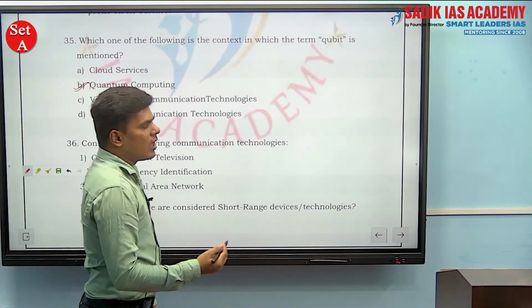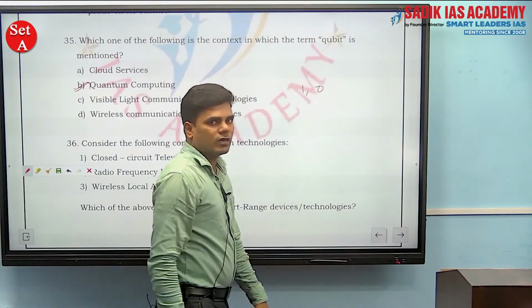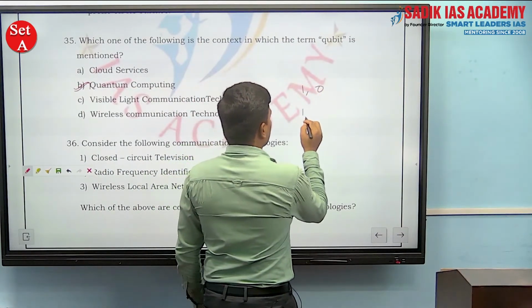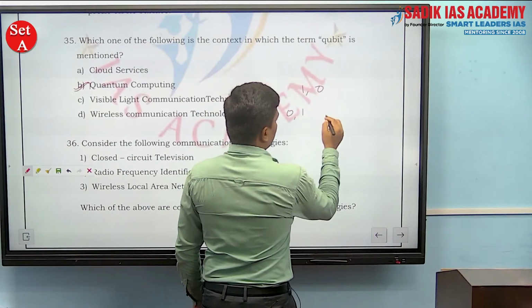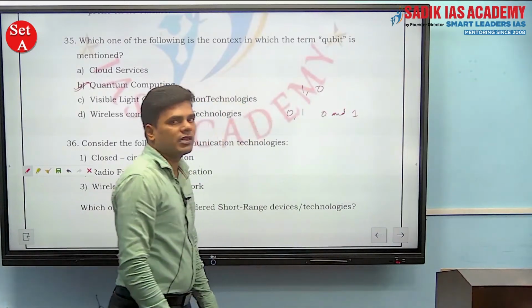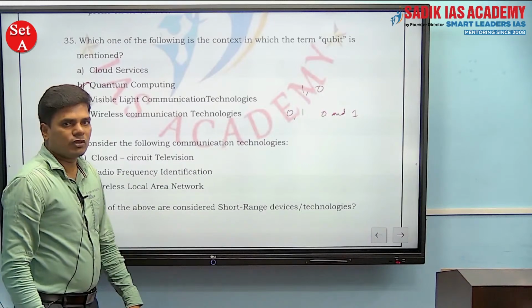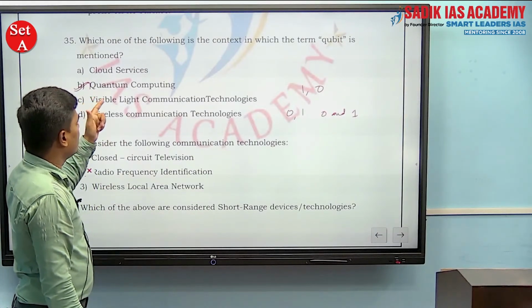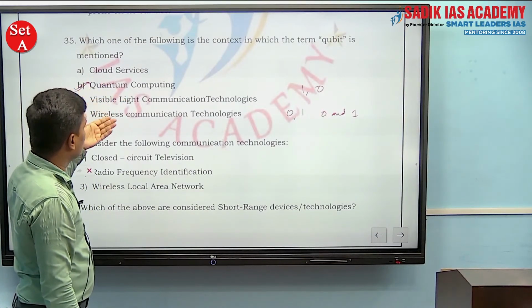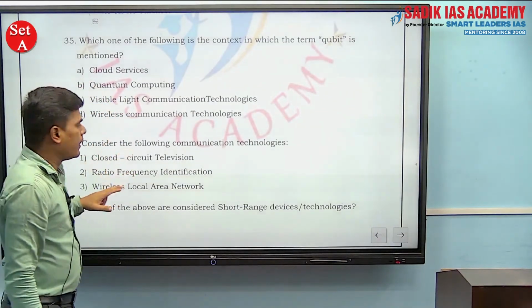A normal classical computer works on 0 and 1, whereas a qubit works on 0, 1, and 0 and 1 simultaneously. That is why its computing capacity is very high compared to the classical computer. So qubit is related to quantum computing. You need not look at the other options, it is a simple, straight question.